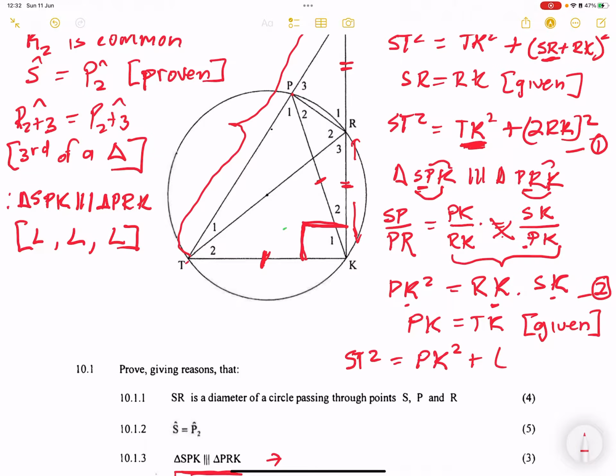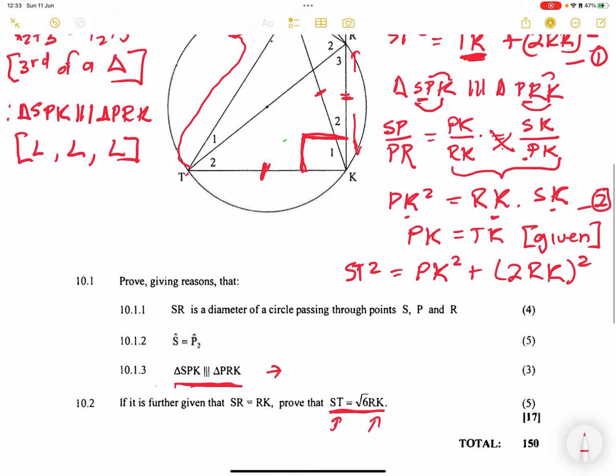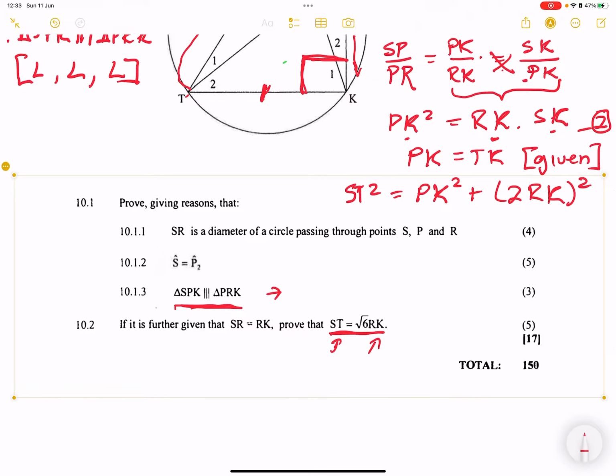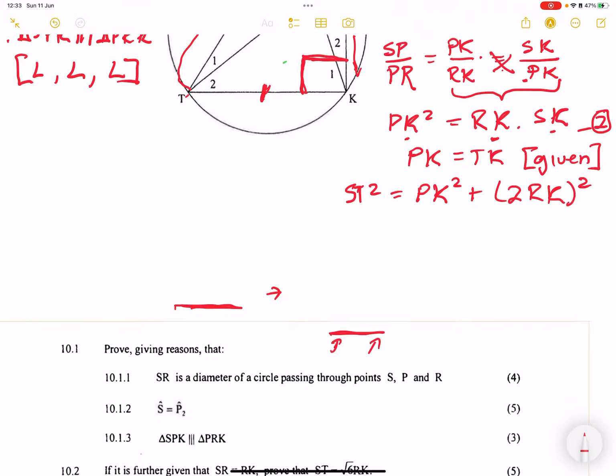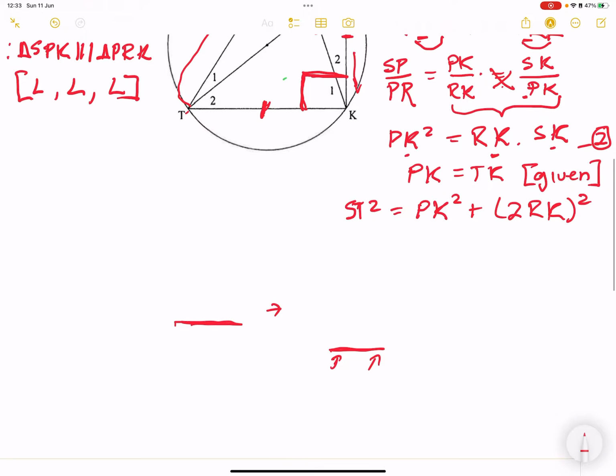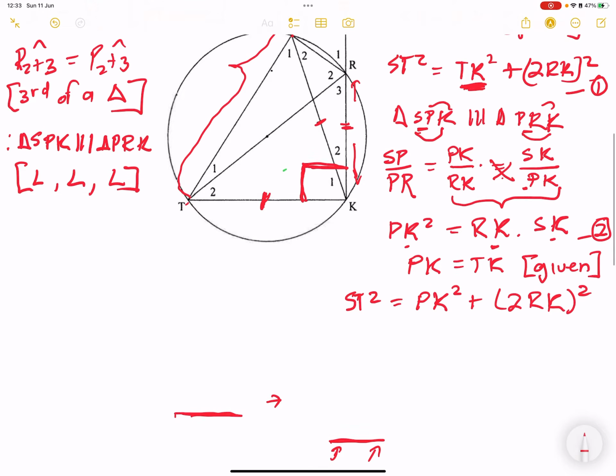Plus, we said plus 2RK all squared. Now, ladies and gents, I'm just going to make some space there. So this is plus SK, plus RK squared. But what do we know about PK? We said PK is equal to RK multiplied by SK. So we're substituting equation 2 there.